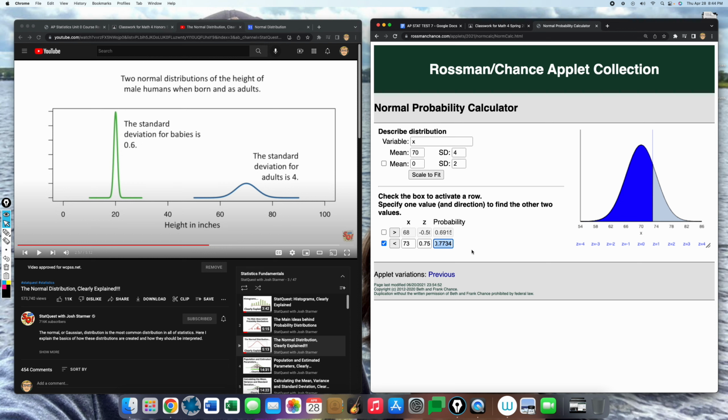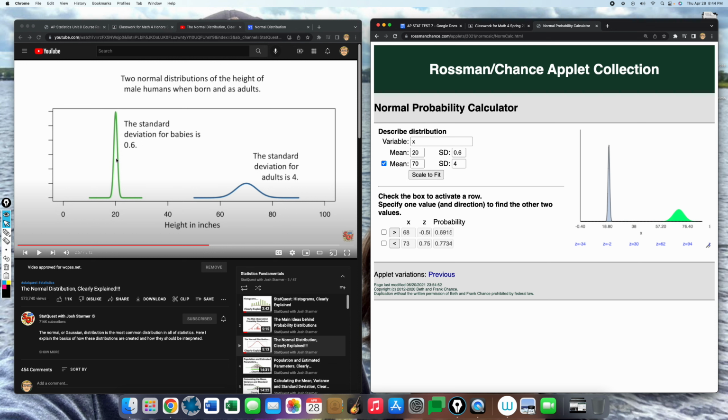Okay, so just giving you a real quick rundown, and I'll close this with you can actually show two different ones. So you can put the babies and the adults on here at the same time.